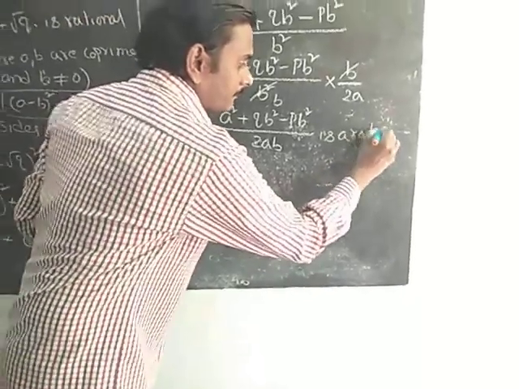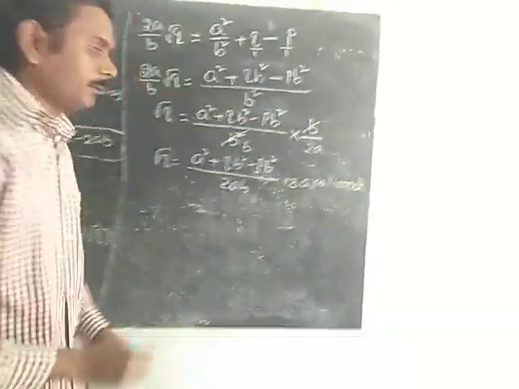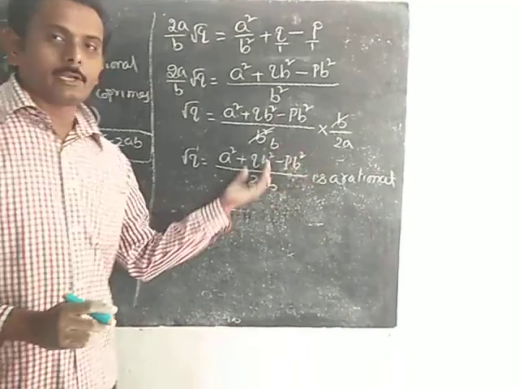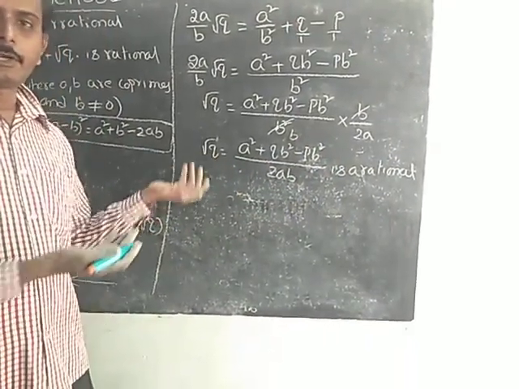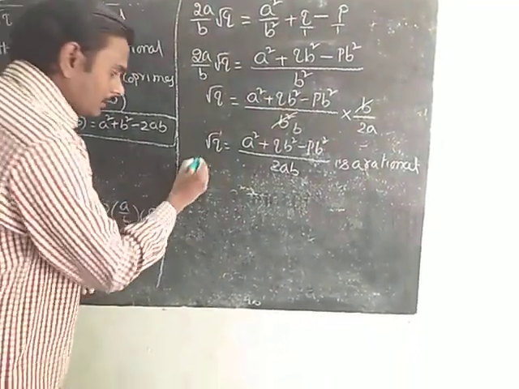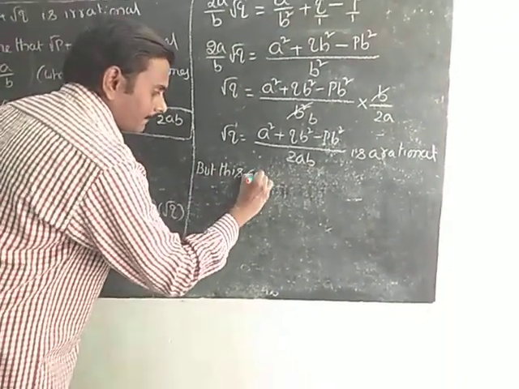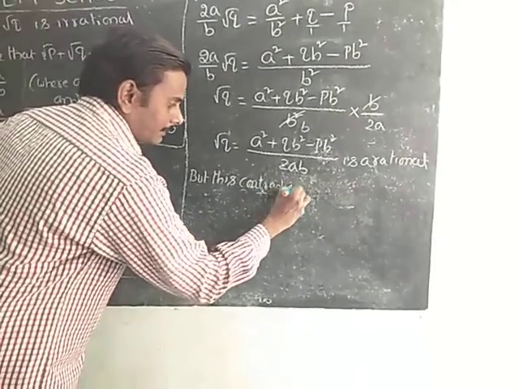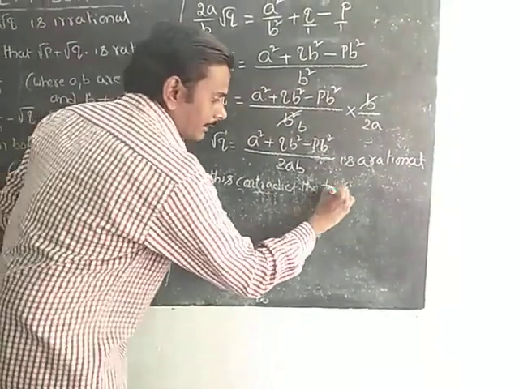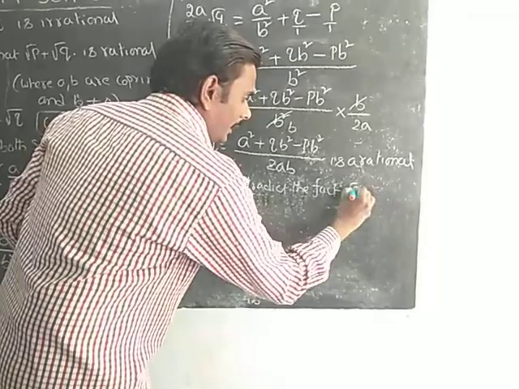In previous sums also, one side we got rational, and the root number is irrational. But this contradicts the fact that root q is irrational.